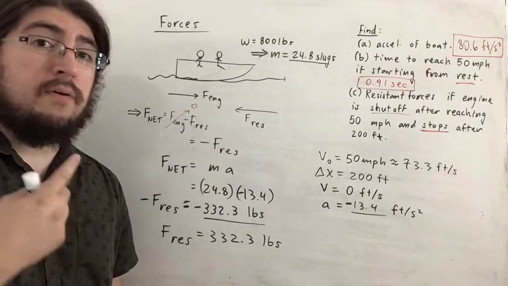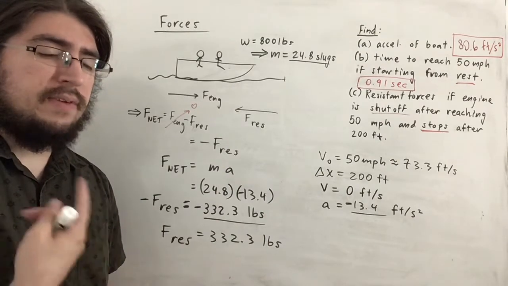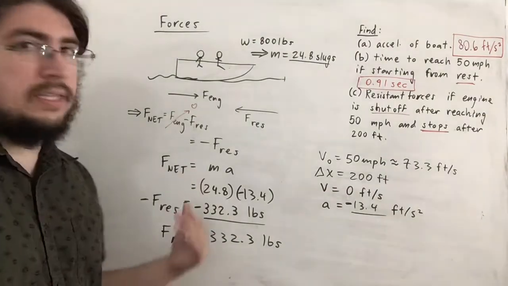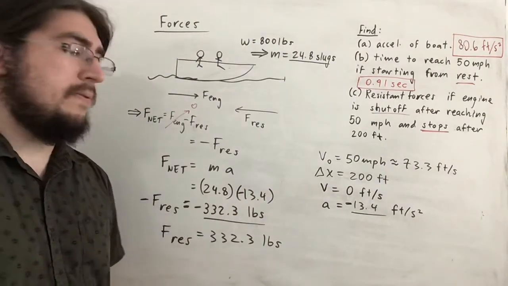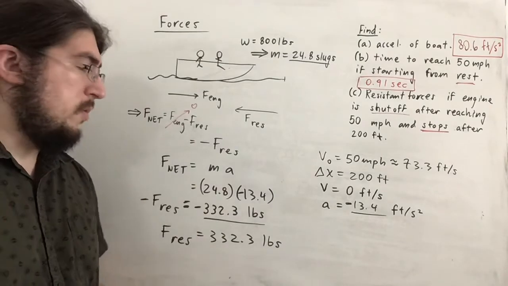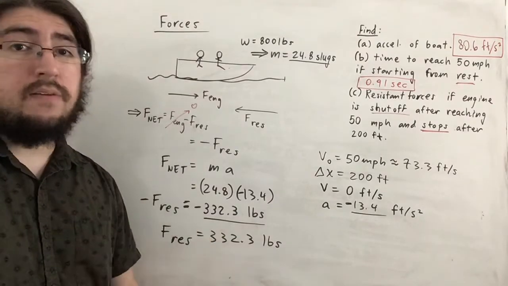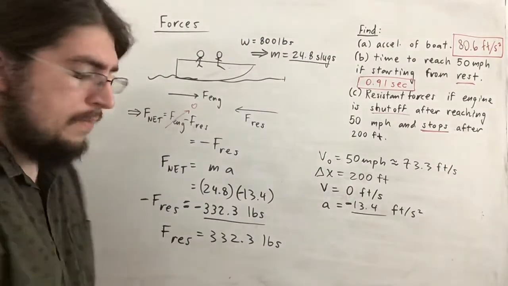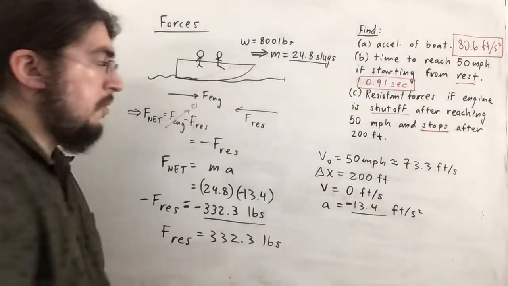Remember, vectors are direction and magnitude. So we need the number and the sign if it's a one-dimensional vector. The sign would give you the direction. The number itself, the absolute value of the number that is, would give you the magnitude. So that's a little technical. But anyways, here we have 332.3 pounds.